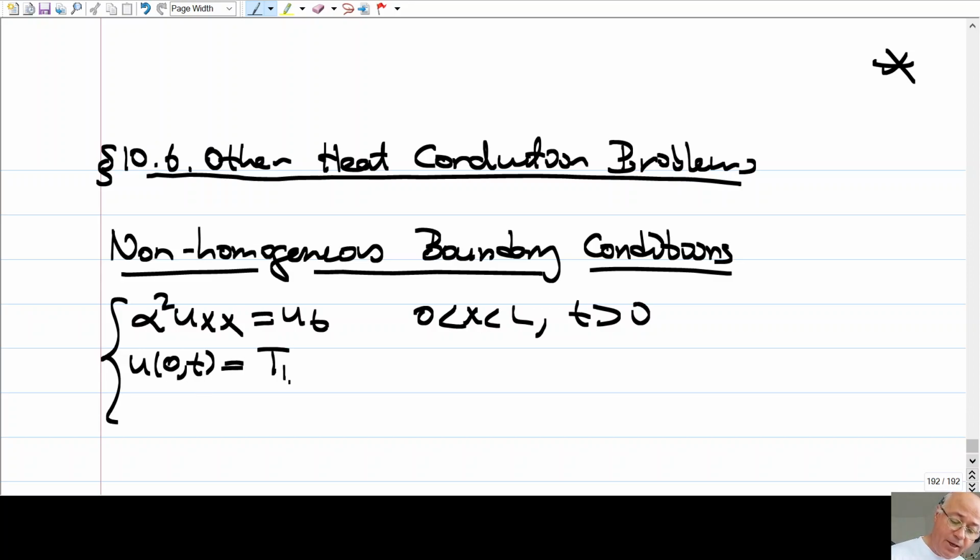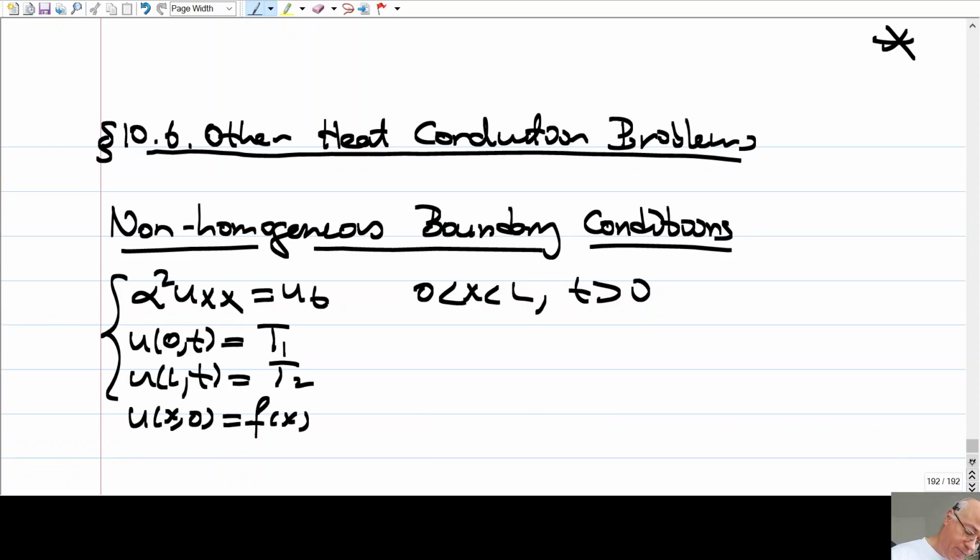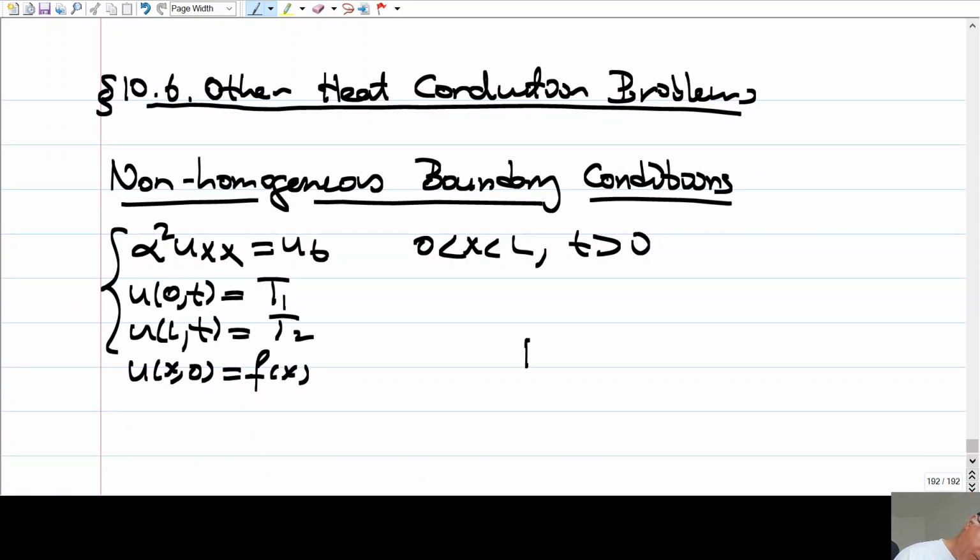Let's say one end is kept at temperature T1 and the other end is kept at temperature T2, and again I have an initial temperature distribution. So we have the following situation.